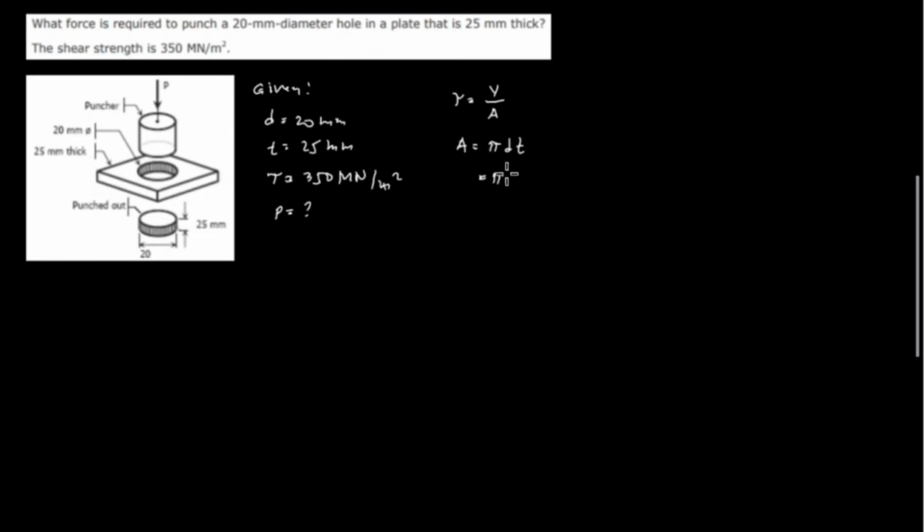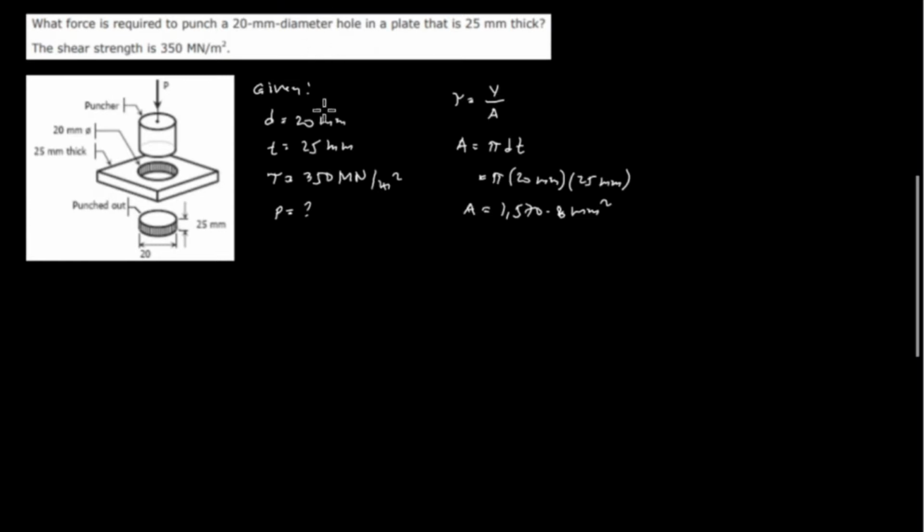Pi multiplied by the diameter of the punching hole, which is 20 millimeter, and the thickness of the plate, which is 25 millimeter, equates to 1570.8 millimeter square, and this is for the area.